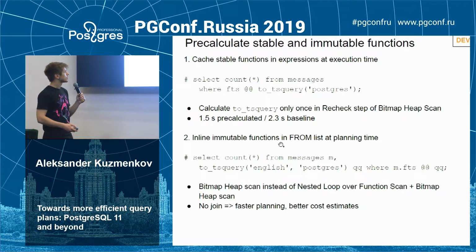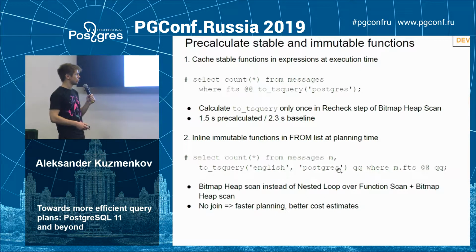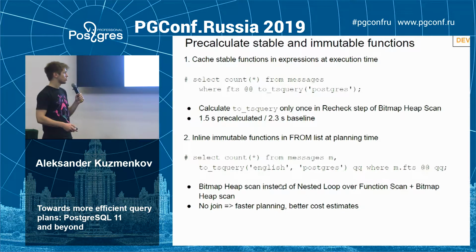How can we actually fight this? We put it into the FROM list like in this query, and then we have a nested loop join over a function scan and a bitmap heap scan, and then it caches this value, and it's okay, but we can make it even better if the function is immutable.